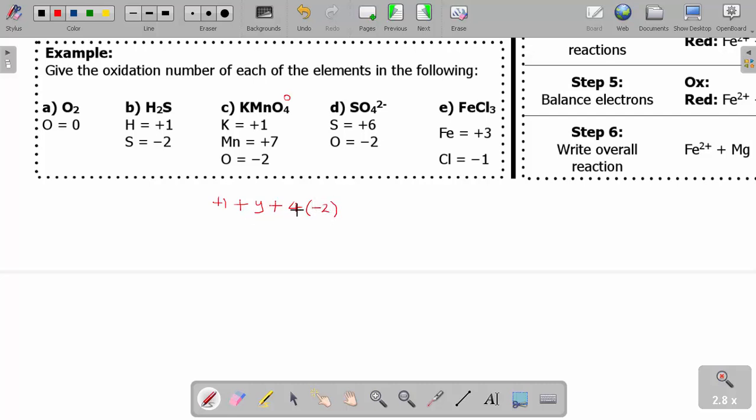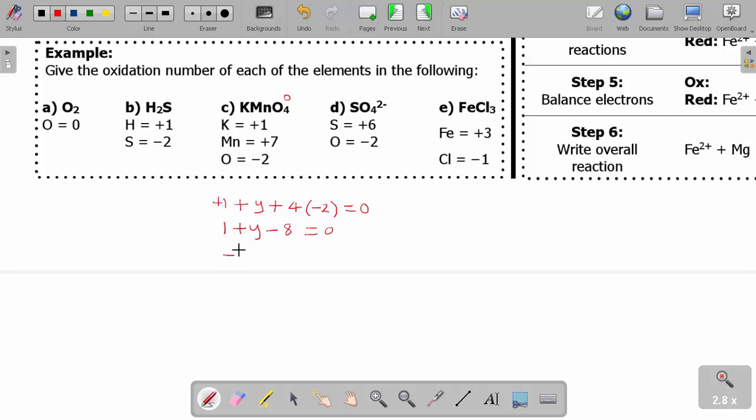Now when I add all of them here, I must equate to 0. So now look here, it means I have 1 plus Y plus 4 times -2. What is 4 times -2? That's -8, equals 0. And then what is 1 minus 8?